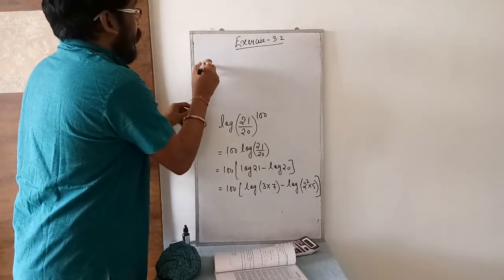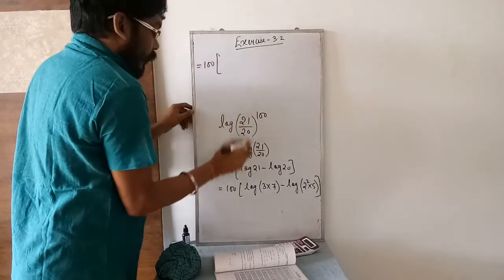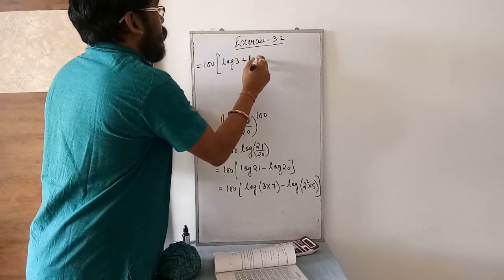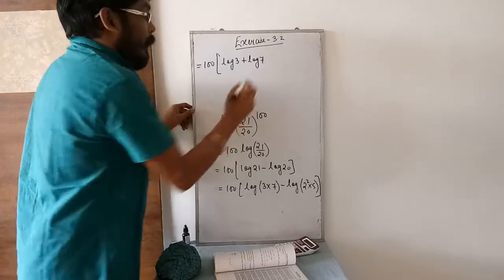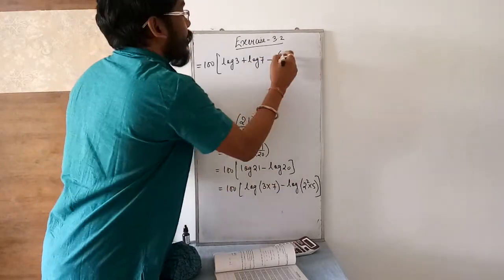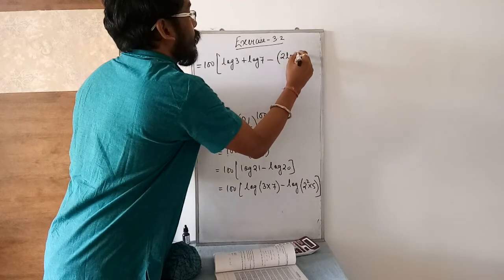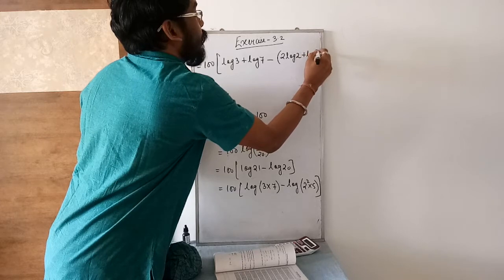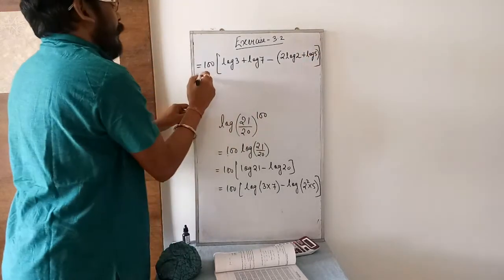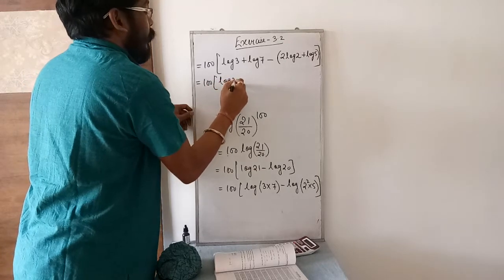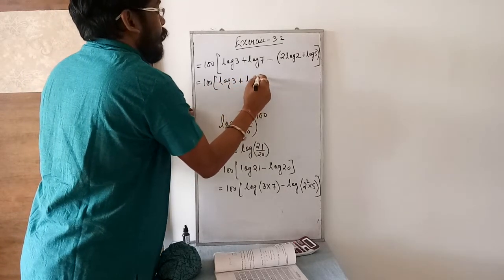So it is 100 into log 3 plus log 7, minus, let me put in bracket, log 2 square means 2 log 2 plus log 5. Close the bracket.